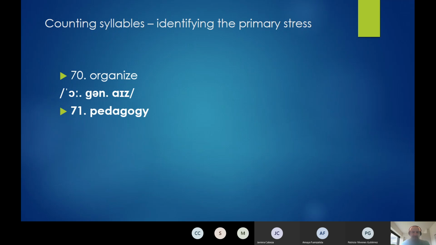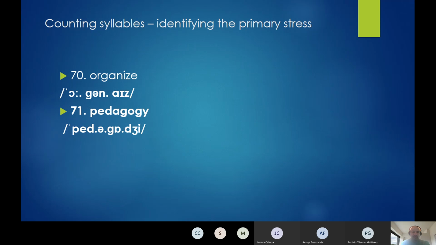The next word is pedagogy. Pedagogy can be divided in different ways. If you take a look at the Cambridge Online Dictionary, you can see the syllable division in two different ways. Interesting and very strange, but that's the way it is.